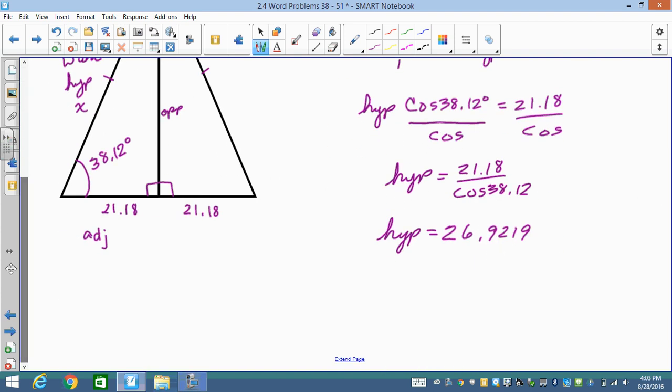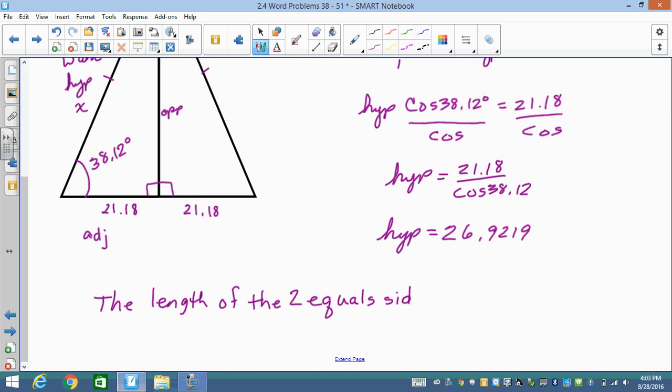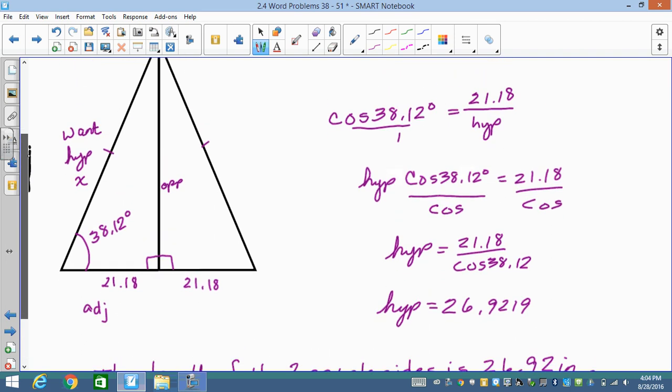So the length of the two equal sides is 26.92 inches. There you go on that one. You guys went, okay, cool, not a bad deal here. There you guys go.